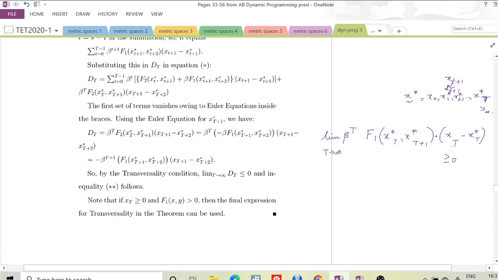So one way of looking at this condition is to interpret the states as capital stocks in an optimal growth kind of problem, right?